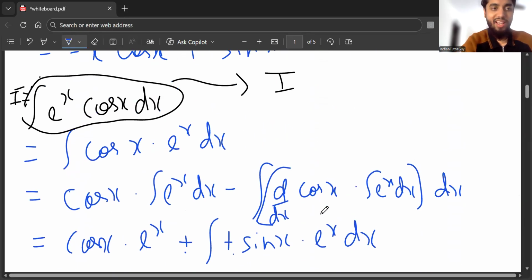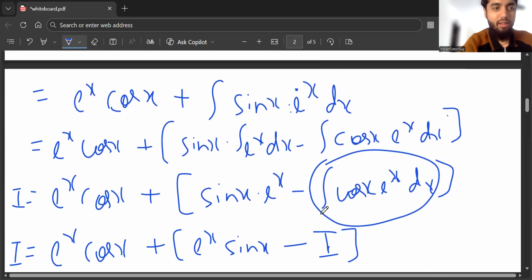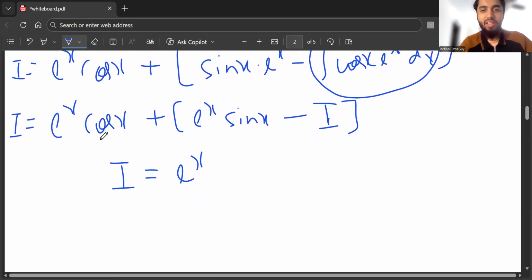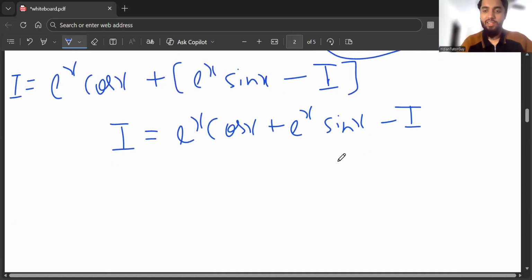All of this is just I; we're basically solving for I. And in the end, we would have plus e to the x sine x minus I. So if we have that, we can just solve for I.